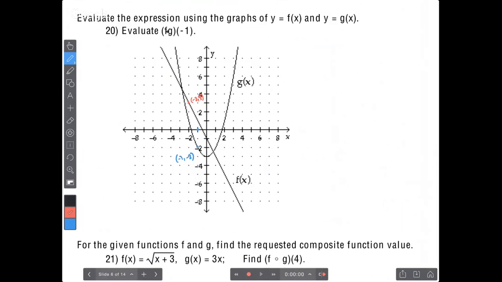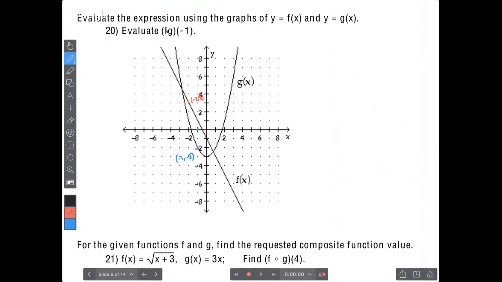Number 20. F of g of negative 1. And the answer key gave you negative 2 as the answer. That's weird. I totally get 3.